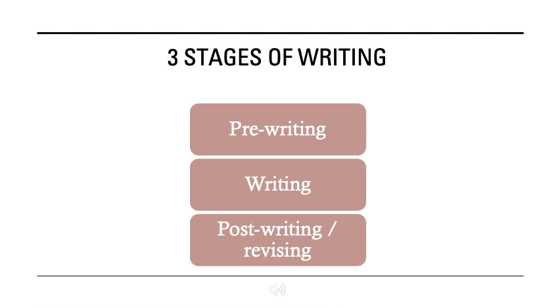It begins much before the actual process of writing, and it ends much after the actual process of writing. That is why you can consider the important stages of academic writing as pre-writing, writing, and post-writing or revising. Pre-writing എന്ന് പറഞ്ഞാൽ whatever happens before the writing begins.